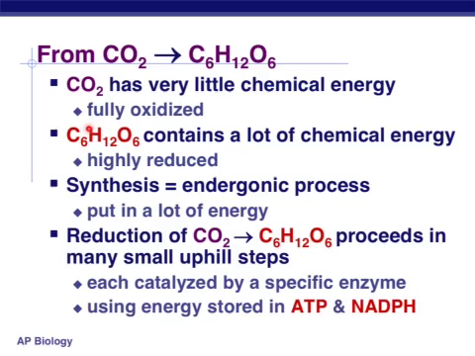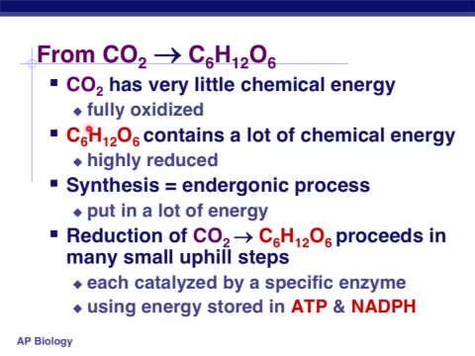It's going to be an uphill series. We're going to start off very low energy, and we're going to keep adding energy every step, until we end up being high energy. Just like everything else we've talked about, this is all done in a series of steps, and it's all catalyzed by specific enzymes.